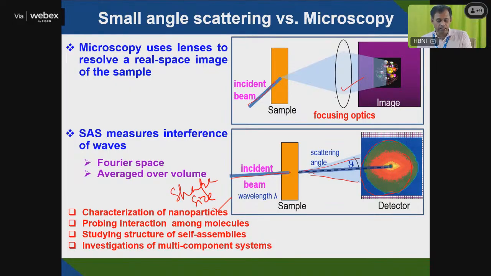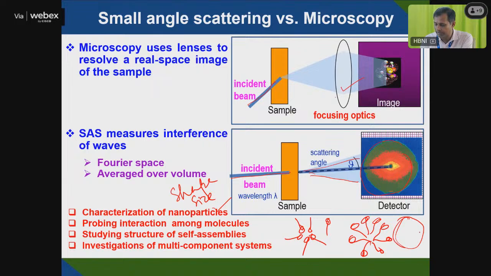You will also see the self-assembly structure, like a surfactant molecule. That surfactant molecule can be assembled, and can be aligned to get a micellar structure or reverse micelle, or you can get some vesicle structure, vesicular like liposome, some double layer structure.